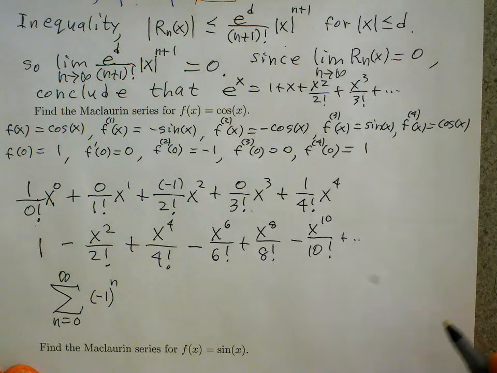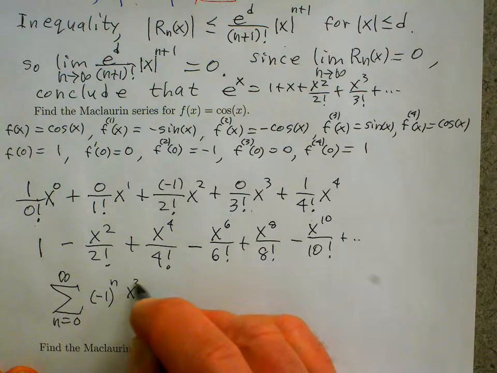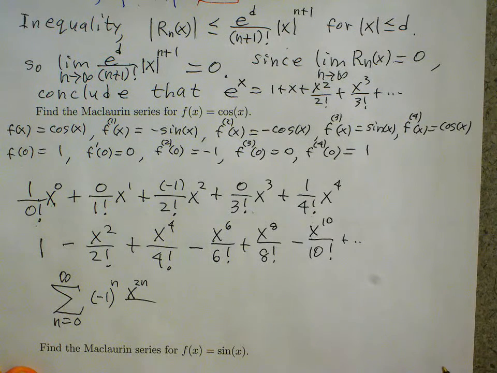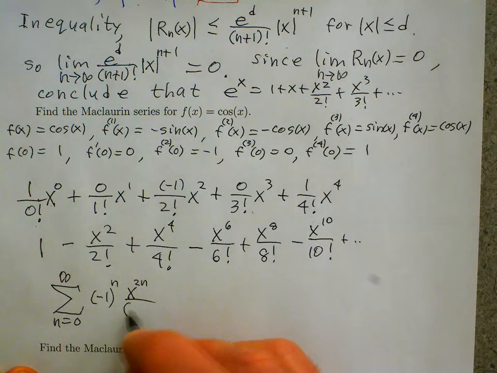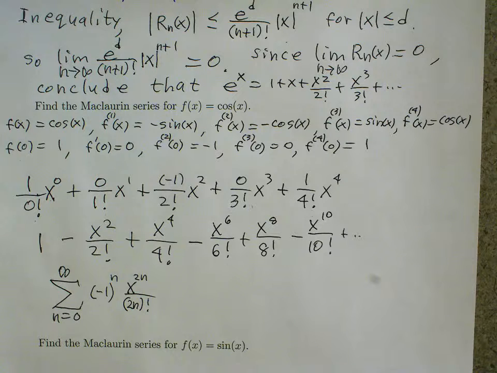And the terms? X to the 2n over the 2n factorial. So that's it.